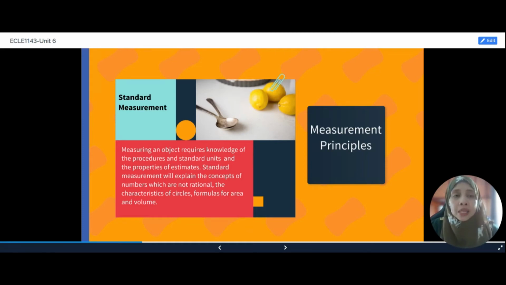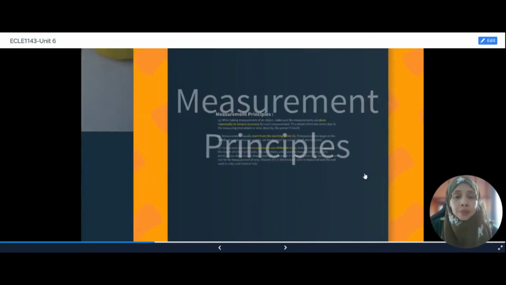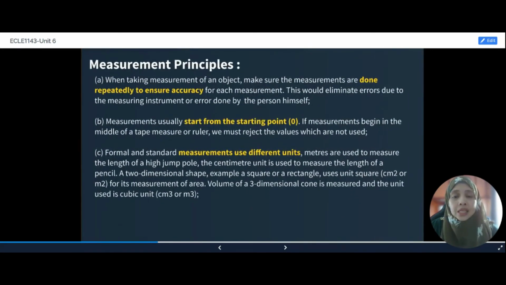Standard measurement ni apabila kita telah mengenalkan unit untuk mengukur sesuatu perkara. For example, cm, meter, sentimeter, meter, milimeter untuk panjang, kilogram, gram untuk berat, Fahrenheit, Celsius untuk suhu, RM3, RM4 untuk duit.